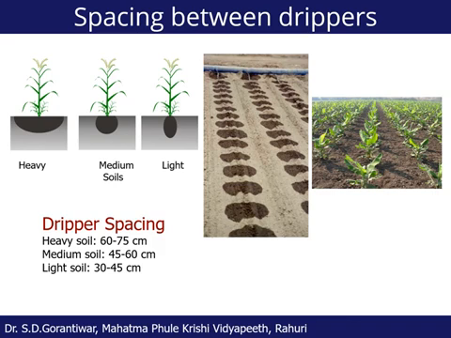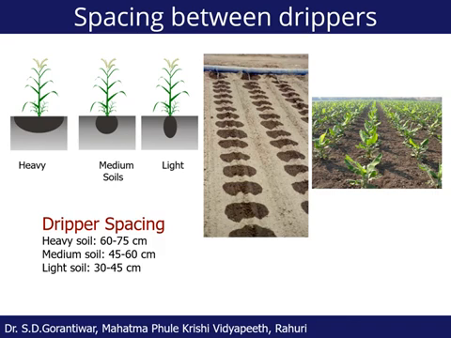For medium soil, it can be from 45 to 60 centimeter, and for light soil, the dripper spacing can be in the range of 30 to 45 centimeter actually. This is just a thumb rule, but I'm pretty sure that if you follow it, there will be proper distribution of moisture in the root zone as desired. That is, we have to wet the entire strip of the plant row actually. So that is possible.